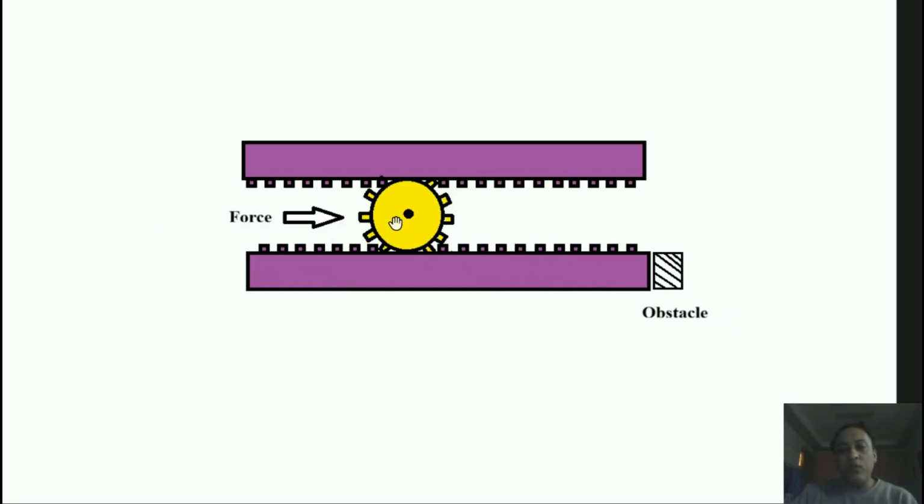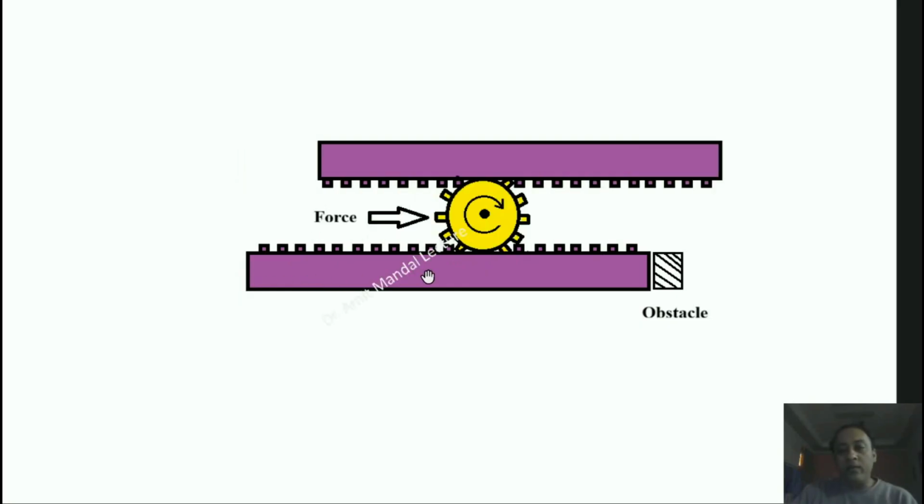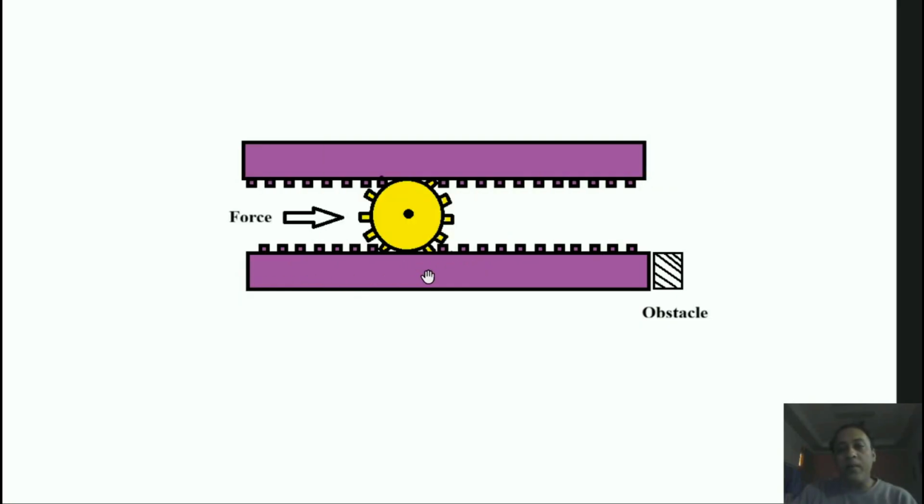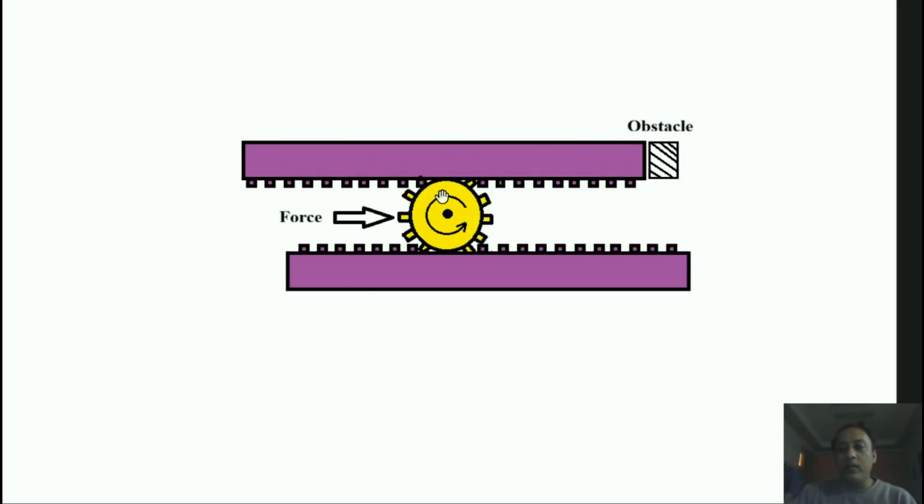In case force is still applied, then taking the support of this lower rack, the pinion will start moving the upper rack. Similarly, in case the obstacle comes to the upper rack, and force is still applied on this pinion, then taking the support of the upper rack, it will start moving the lower rack. Now this animation, this experiment, is helpful to understand the differential gear system.